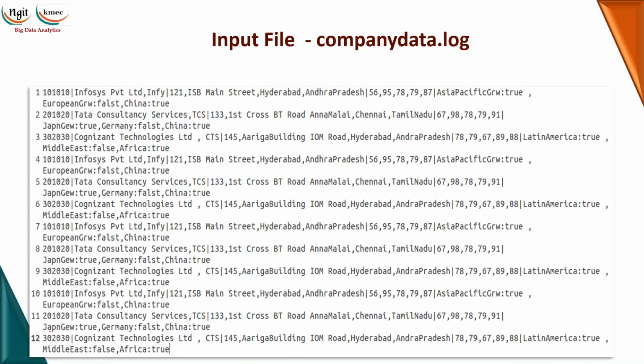So let us see. See here, it is having the 12 records. You can observe that these are the 12 records available. In the 12 records, the first record is having several elements.